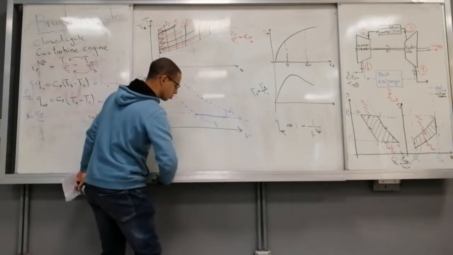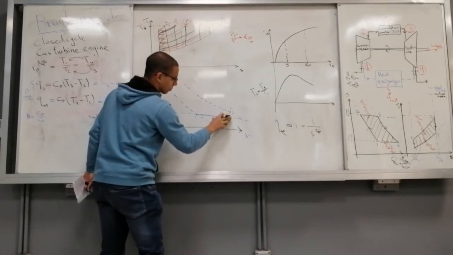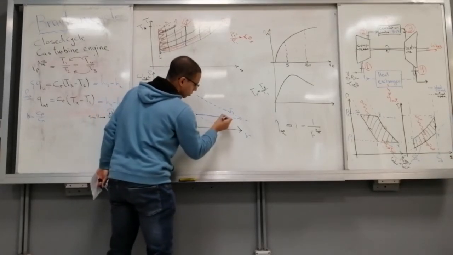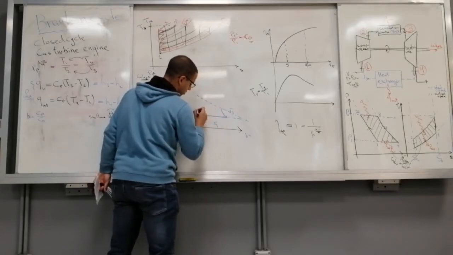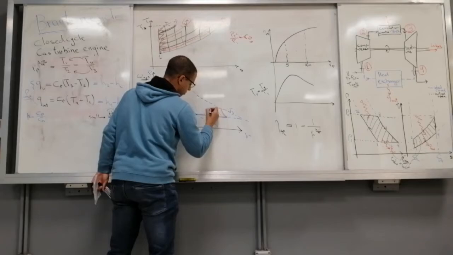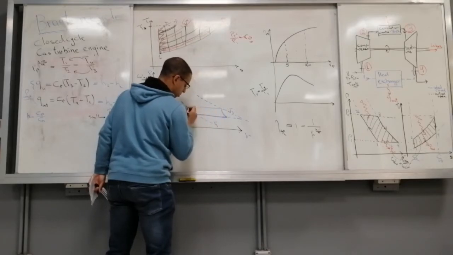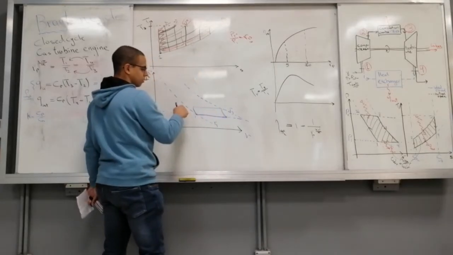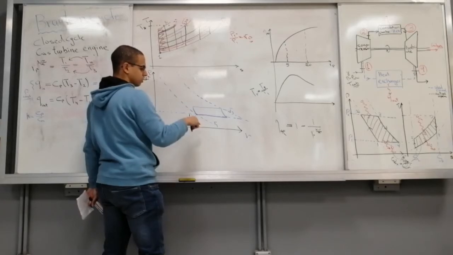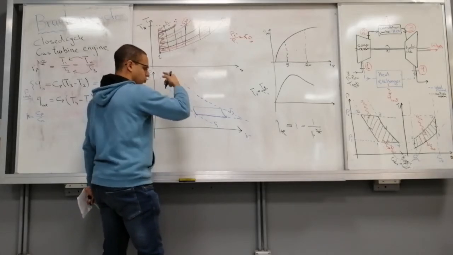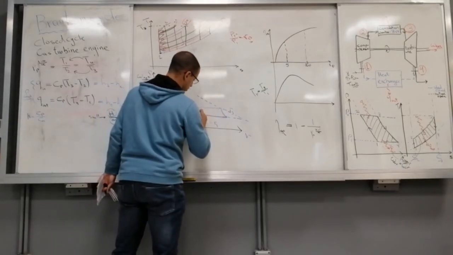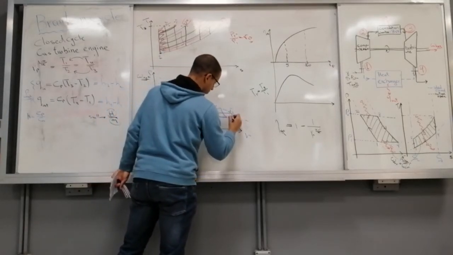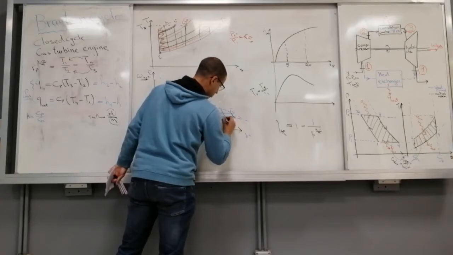Sorry, this is wrong. For this cycle, we know that it's isentropic, so the isentropic process looks like something like this. Like this, and like this. I've already agreed that the isentropes are more steep or more curvy than the isotherms. So this might look like something like this, or like this.